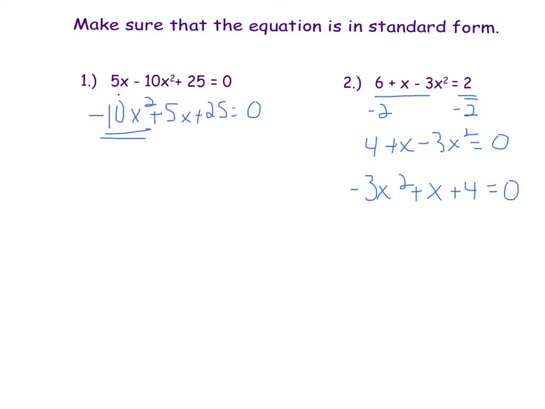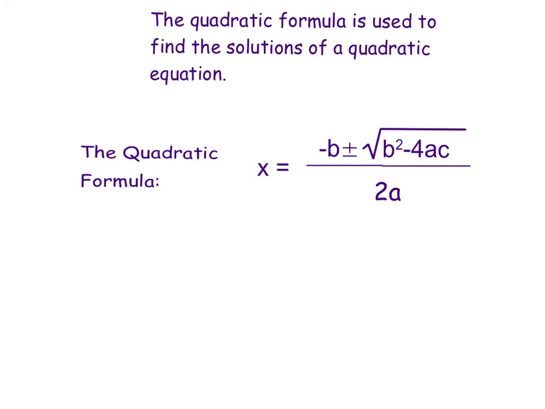And now we're good. So as I said, it's really important that you memorize the quadratic formula. It needs to look like this. X equals the opposite of b plus or minus the square root of b squared minus 4ac all over 2a. And again, think about how we've used this part before, the opposite of b over 2a. Remember what this is?